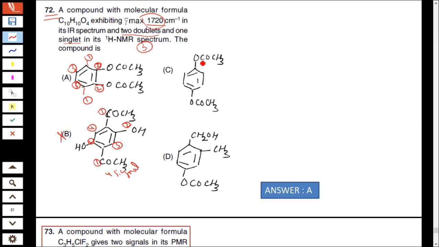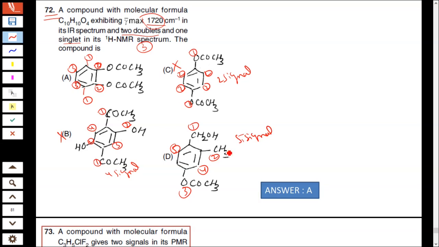Compound C gives 1, 2 signals. Hence, option C was also ruled out. Compound D gives 1, 2, 3, 4, 5 signals.